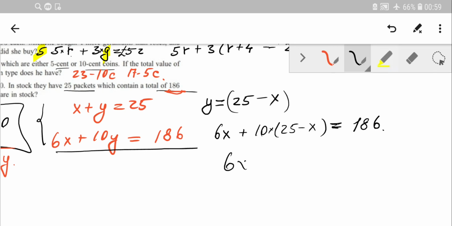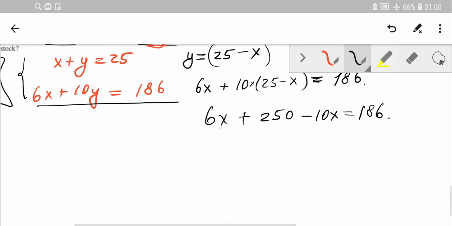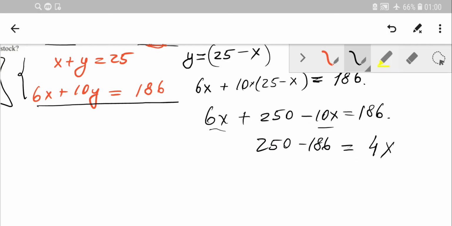So we need to expand the brackets and simplify. So automatically you'll get negative 4x, so it's better to keep it on the right side. And 250 minus 186 you'll get on the left side.